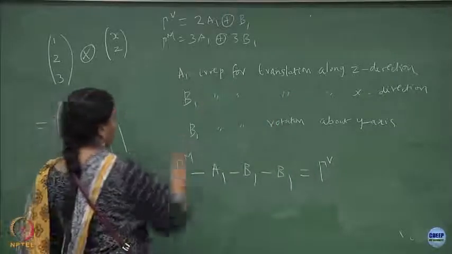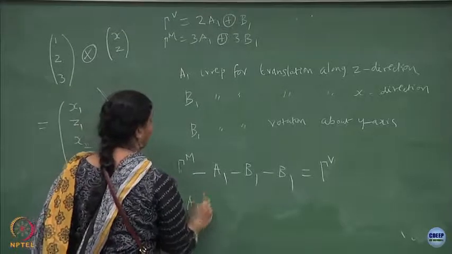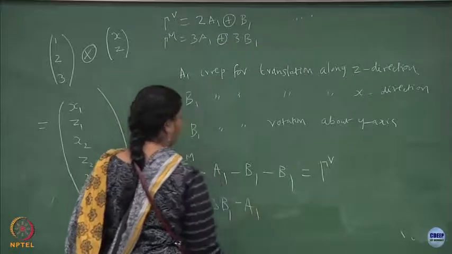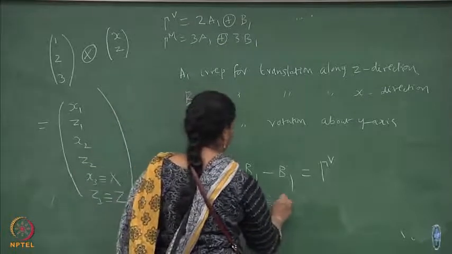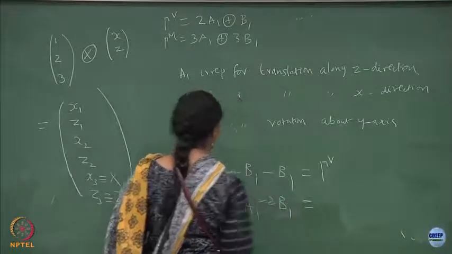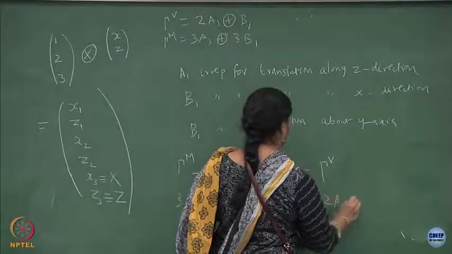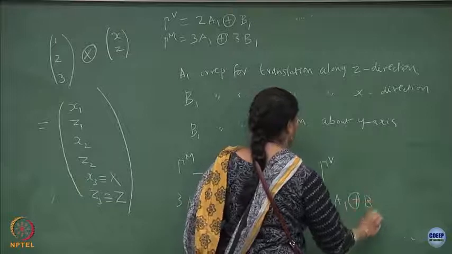So, 3A1 plus 3B1 minus A1 minus 2B1 turns out to be 2A1 plus B1.